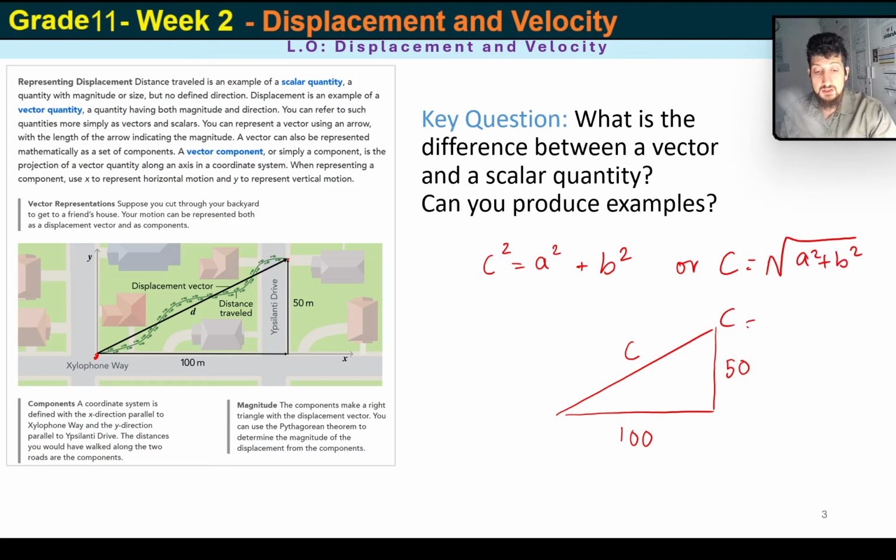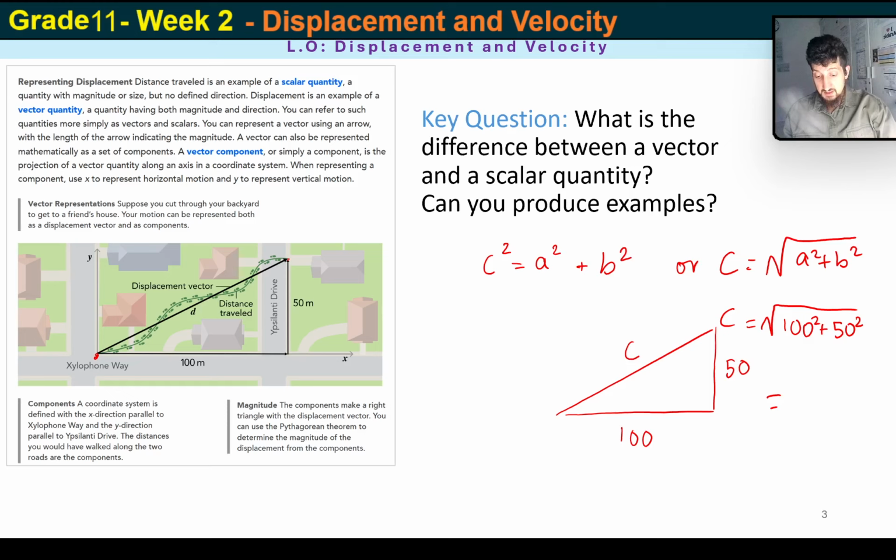And so I can work out c. C is going to equal the square root of 100 squared plus 50 squared, and therefore c is going to be the square root of 12,500. 100 squared plus 50 squared, that's 12,500.